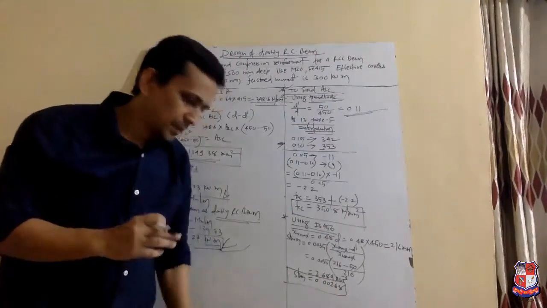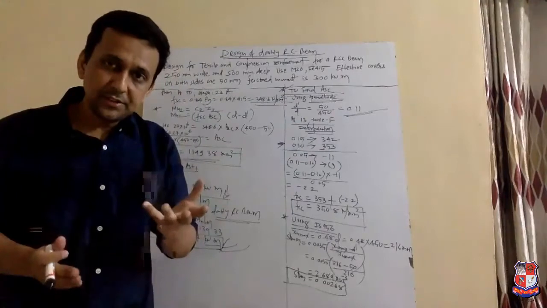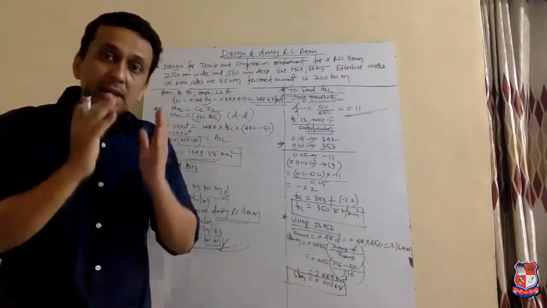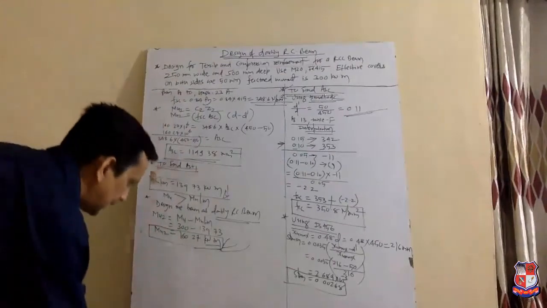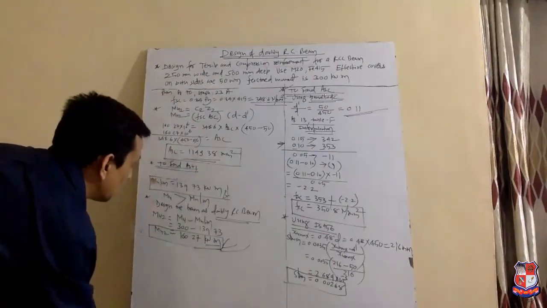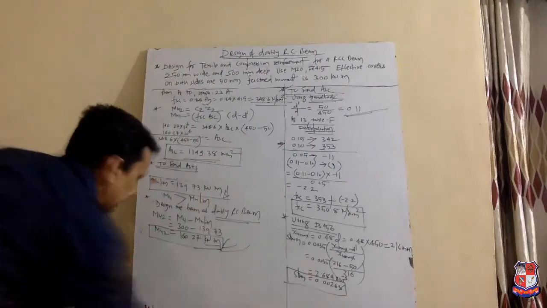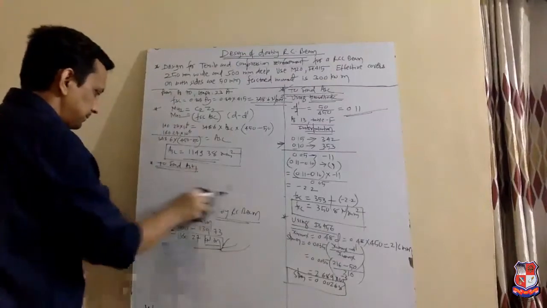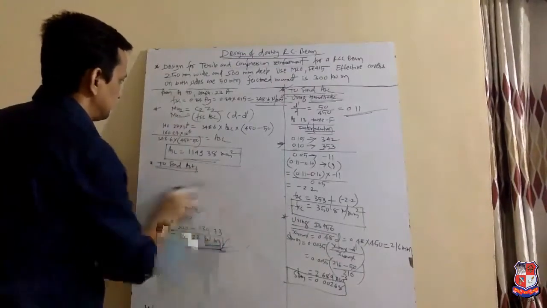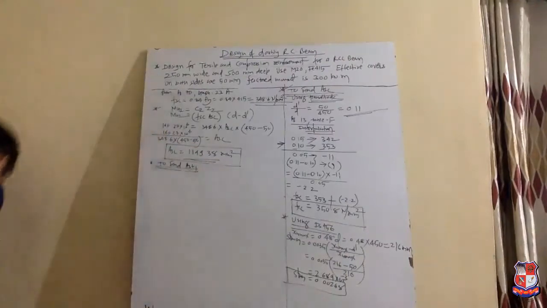AST1 is the area required to resist that Mu limb moment, and the value of Mu limb is 139.73. Now, how do we find the AST1?